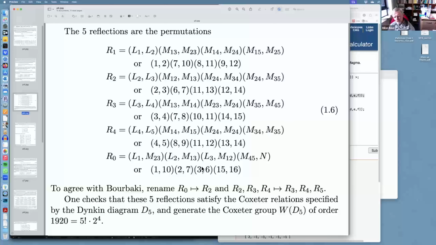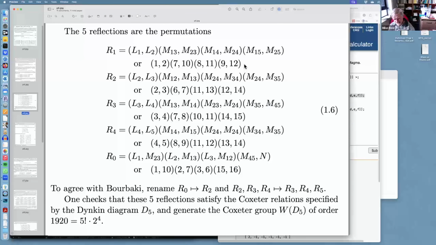If I swap 1 and 2, then of those 16 lines, everything that has a 1 in it goes to the same thing with the 2. 1 3 goes to 2 3, 1 4 goes to 2 4, and so on. And I numbered the lines 1 to 16, and that turns out to be that.